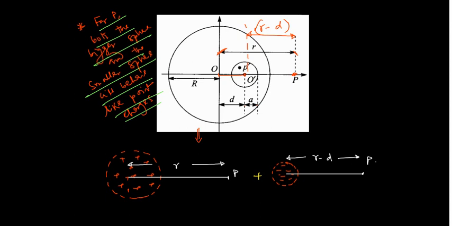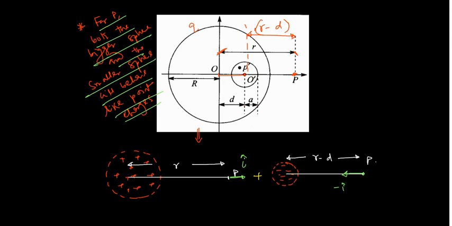Now one more point quickly. For the positive charge, the electric field at point P will be in the radially outward direction, along i cap. For point P, due to the smaller one, the electric field will be in the leftward direction, that is along minus i cap. Now let us imagine that the total charge on the bigger one is small q.